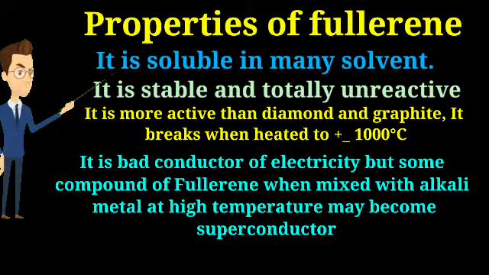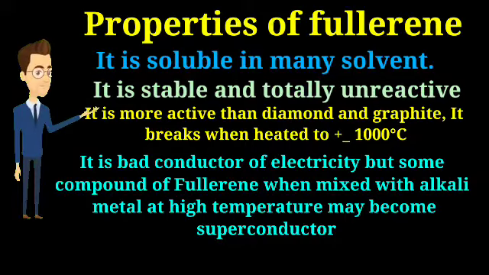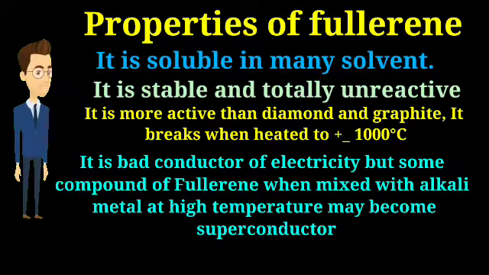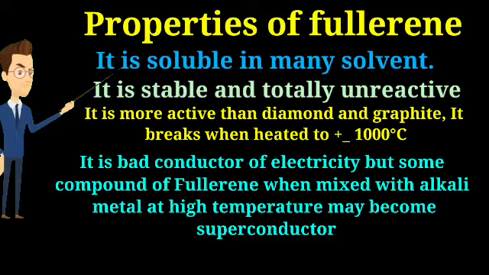It is a bad conductor of electricity, but some compounds of fullerene, when mixed with alkali metal at high temperature, may become superconductors. Means it becomes a good conductor of electricity when mixed with alkali metal at high temperature.